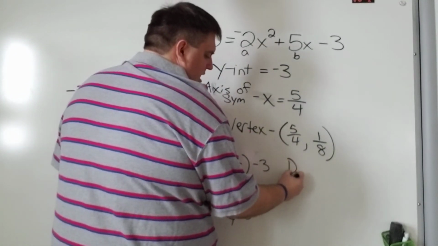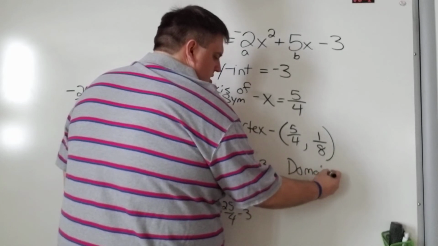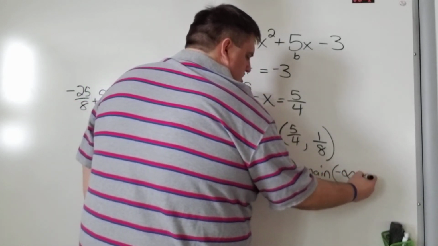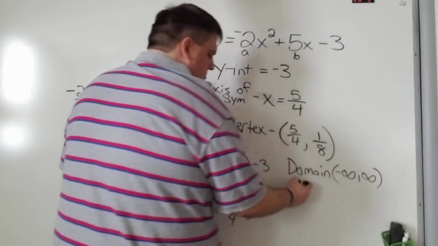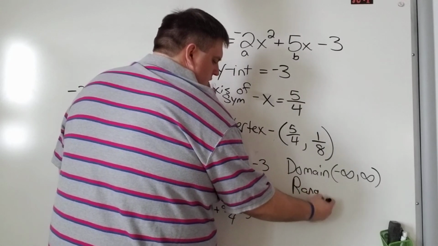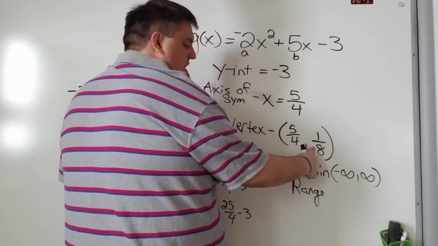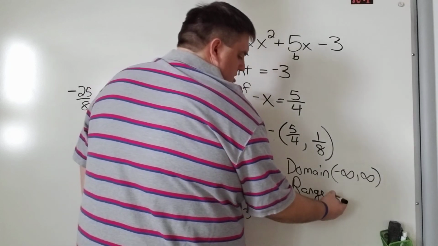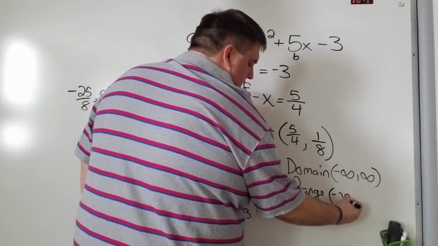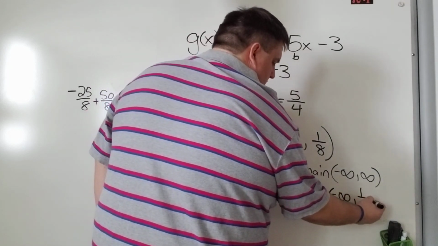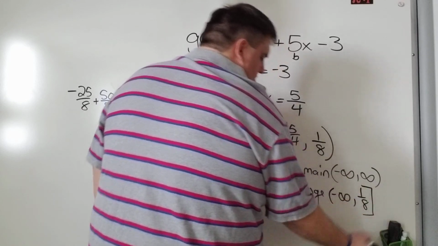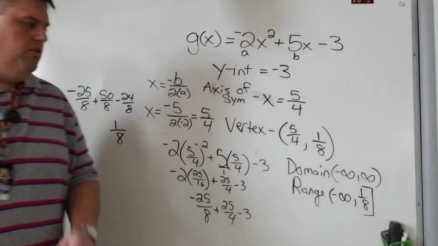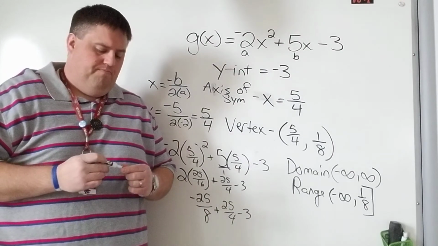So my domain, we know, is all reals. Negative infinity to infinity. My range, this time that's the most it can be. So it's going to be negative infinity to 1/8. And make sure you do the hard bracket on the 1/8 because that's where we stop.